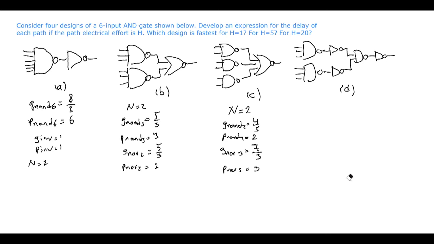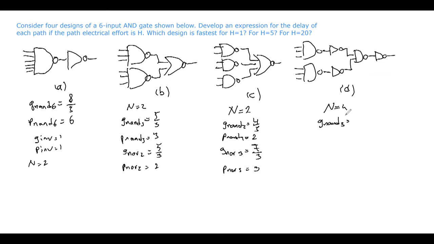Let's look at the last implementation. This is a 4-stage design. In the first stage, we have a 3-input NAND. So what is that?